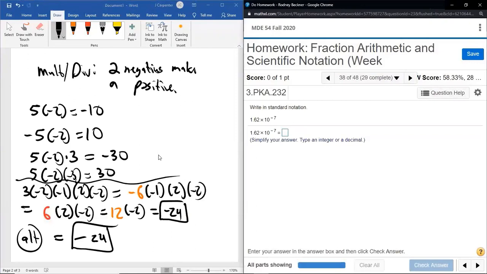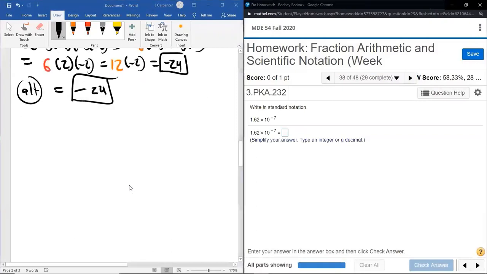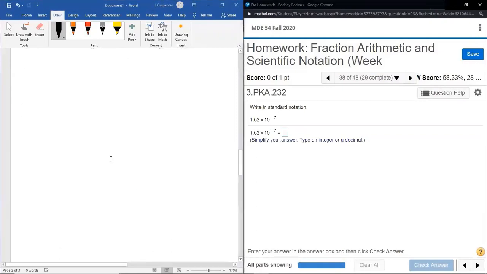Scientific notation. This is where you take a number like 4,500, you turn it into what would look like 4.5 times 10 to the third.